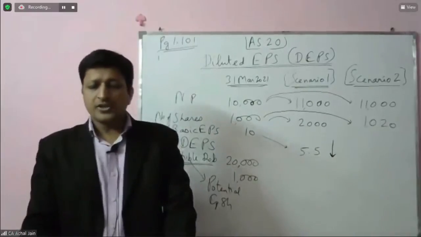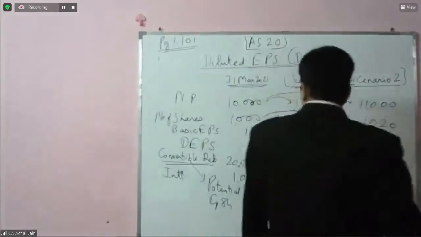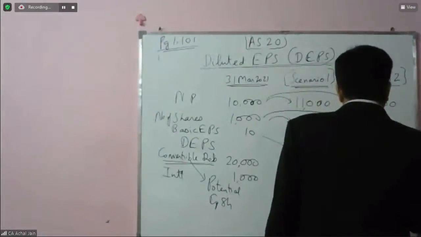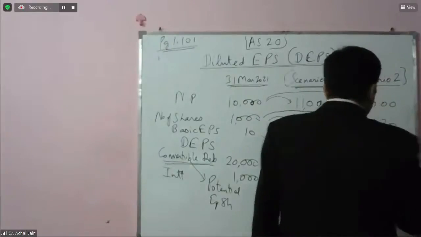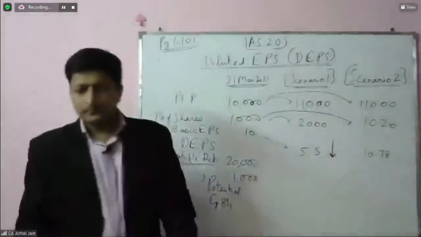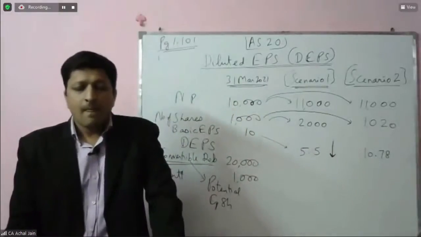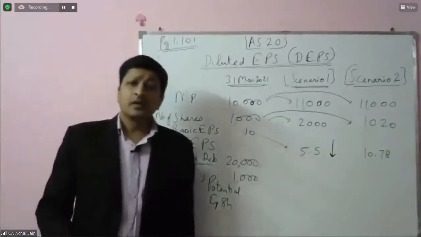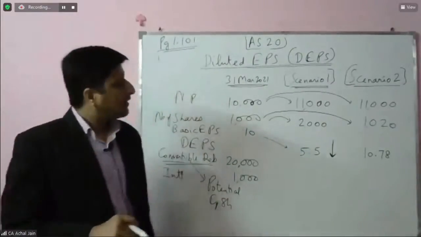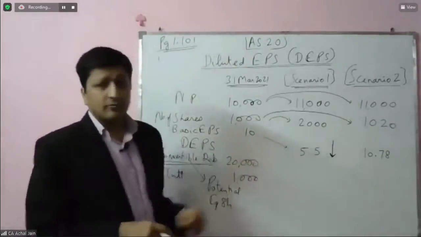Okay, Sakshi and Kushi are saying 10.787. So now what do we see? This is becoming 10.78. Now we can see a trend which is different from scenario 1.